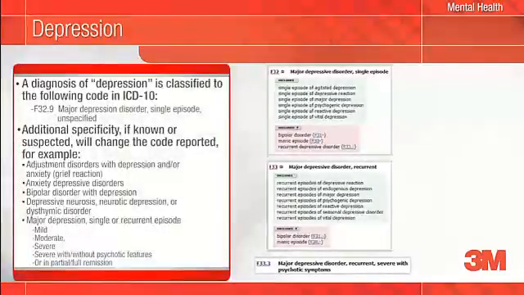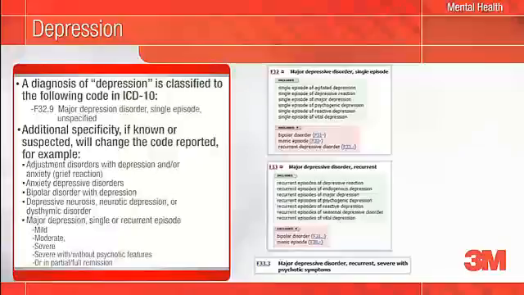What's new here is that a diagnosis of depression without further qualification is coded to F32.9 in ICD-10, which is the code for major depressive disorder, single episode, unspecified. In ICD-9, a diagnosis of unqualified depression was assigned a code that simply stated depression.